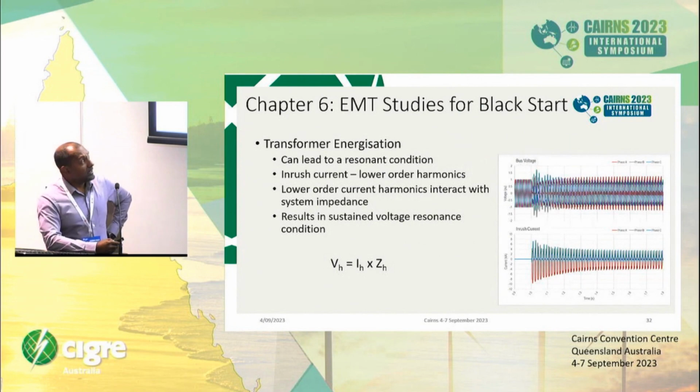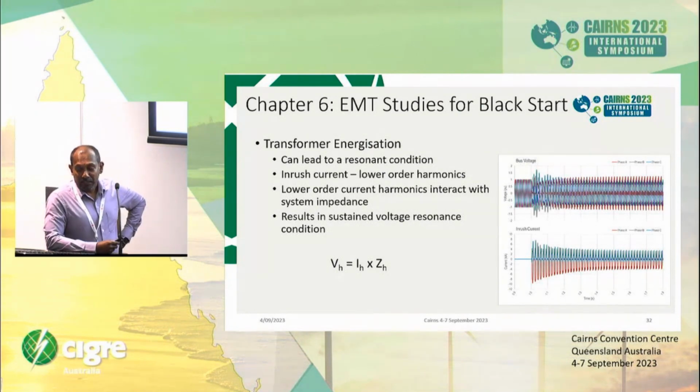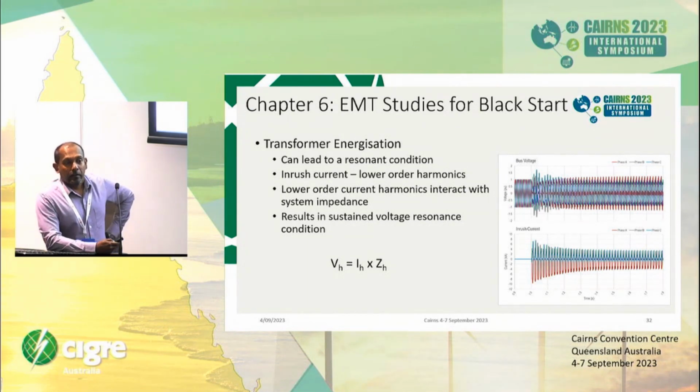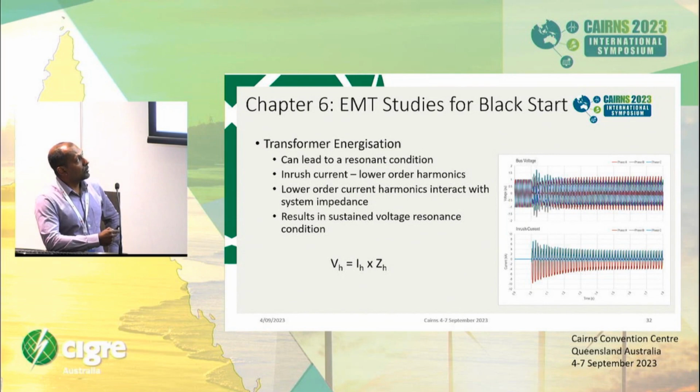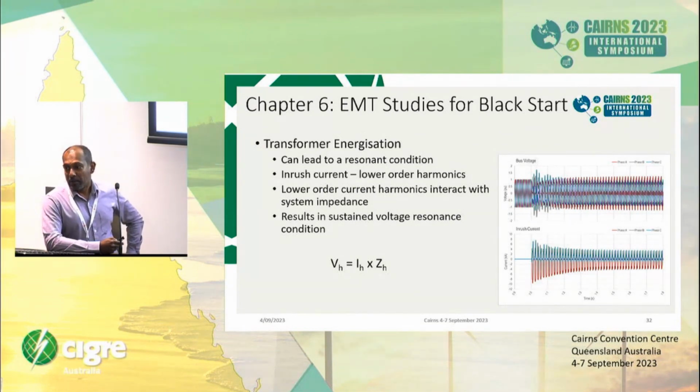Another condition during transformer energizing may lead to a system resonant condition. What is really happening here is that during transformer energizing, it throws a large amount of harmonic current, especially second to fifth harmonic current. According to this equation, if you have very large second to fifth harmonic network impedances, that can lead to very large voltage distortions at the transformer terminal bus.